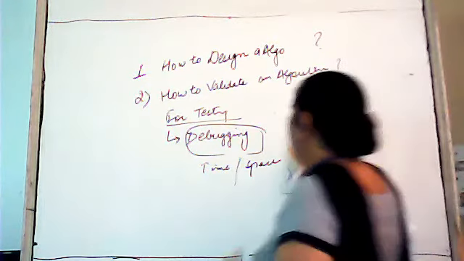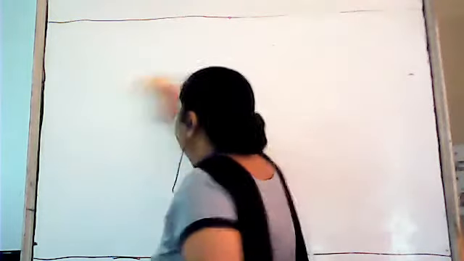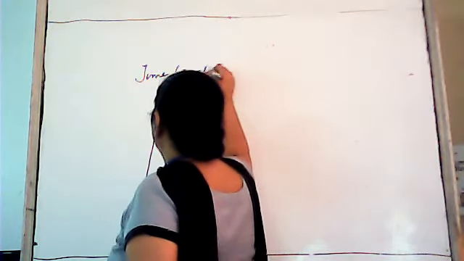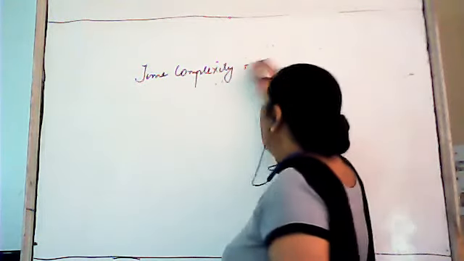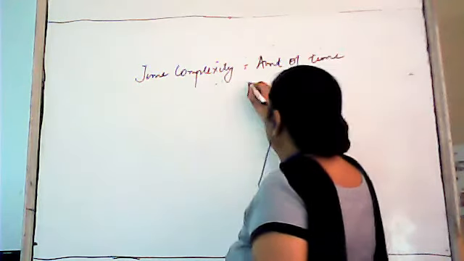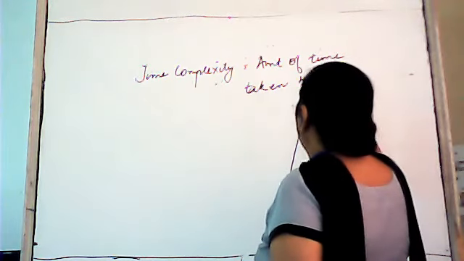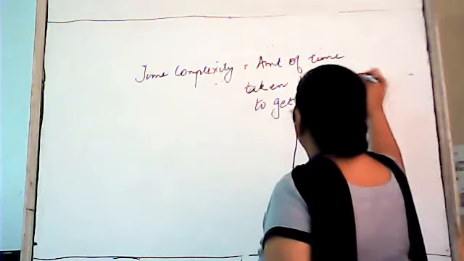Okay. So we should be clear with the definition of two things, because they are going to come in each and every algorithm. First, time complexity: it is the amount of time taken by the algorithm or program to get executed.